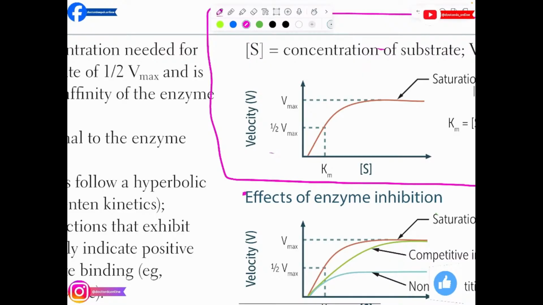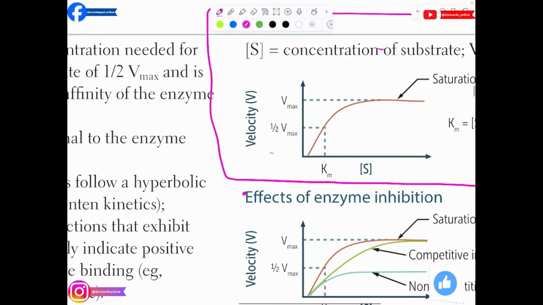This is the substrate. Second, as I already told, half of the maximum occurs when the Km is equal to the substrate. And to achieve Vmax, Km is approximately 0.